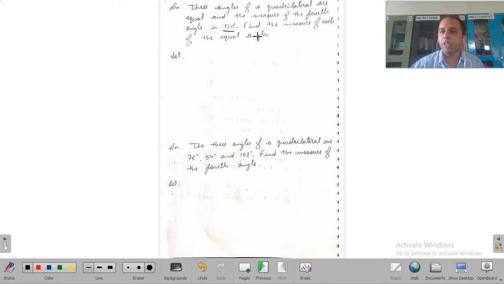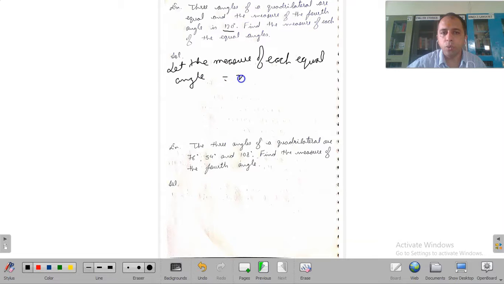Let the measure of each equal angle be x degree. So we have assumed that each equal angle is of x degree.